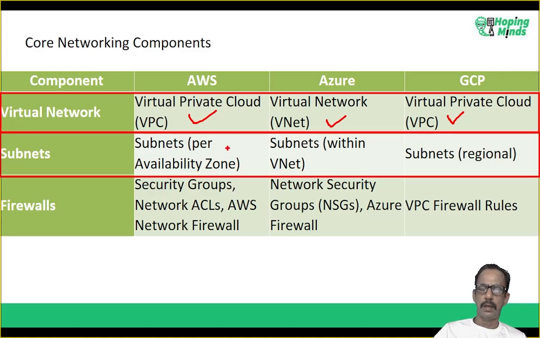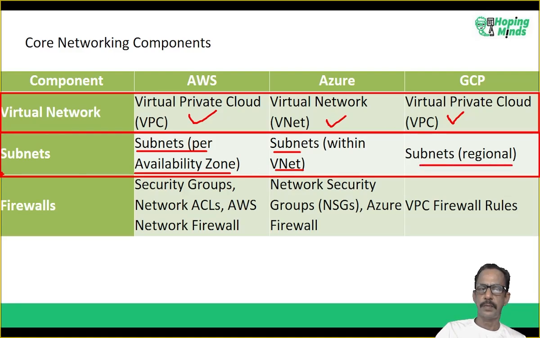We will discuss all the points. We have discussed all these things in the theoretical section, but still, before starting the demonstration, to revise everything in a fast way, we will go through these topics. Subnets in AWS are per availability zone, in VNets subnets are per VNet, and in GCP they are regional.